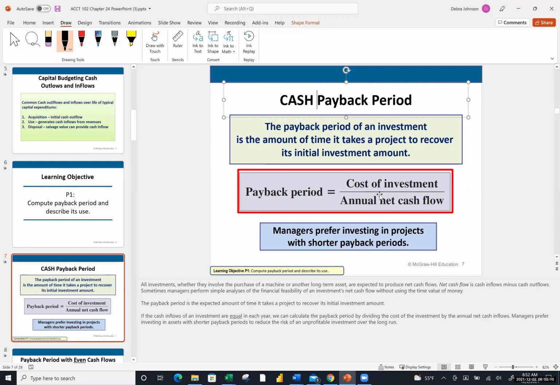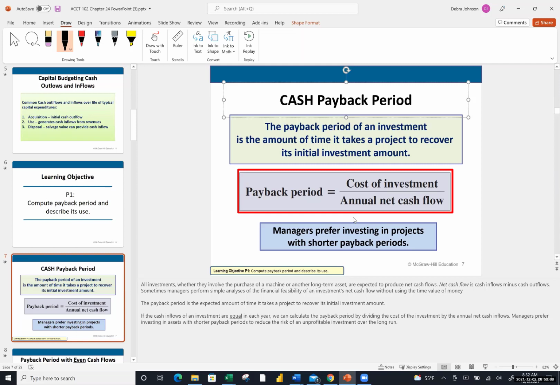It's the cost of the investment on top divided by the equal annual net cash flows on the bottom. Okay, which makes sense. If we have an investment that, let's say, costs us $10,000 to do, and we're bringing in an annual cash flow of $2,000 a year, we would take $10,000 divided by $2,000, and the payback period on that would be 5.